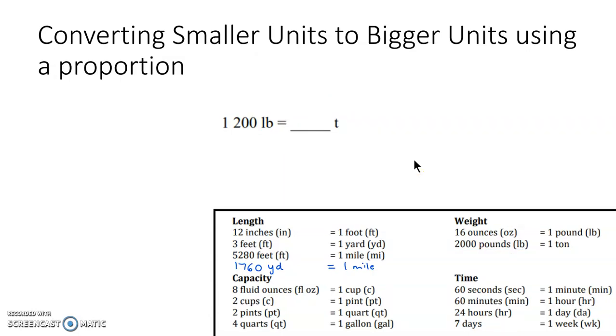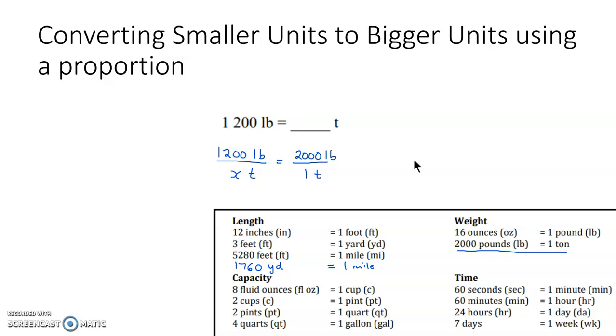Alternatively, we can do this conversion by setting up a proportion. So we're going to take 1,200 pounds is equal to X for tons, and then we look to the conversion chart and we match our units. 2,000 pounds is equal to 1 ton, so the 2,000 pounds will go up top matching the 1,200 pounds beside, and the 1 ton will go down below.